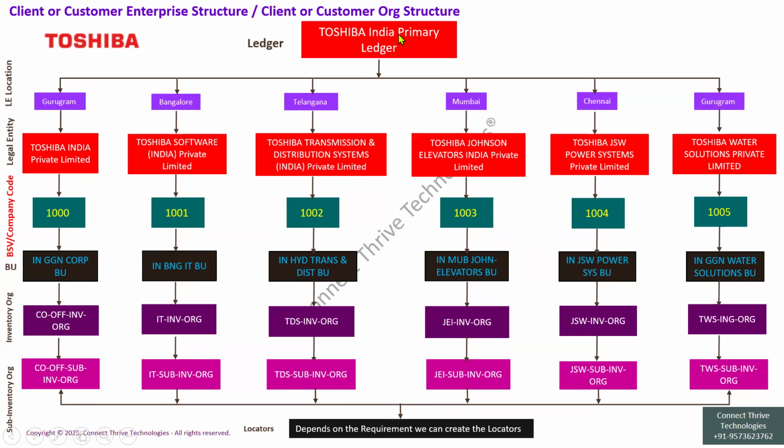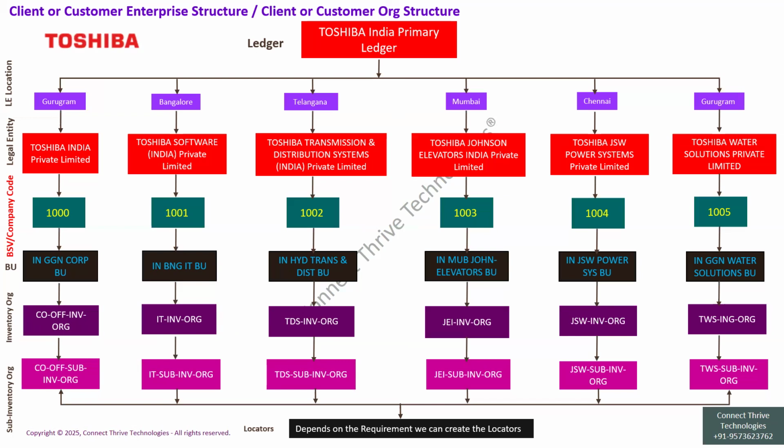So we have one unified primary ledger under multiple legal entities, multiple company codes, multiple business units, multiple inventories, multiple sub inventories. Depending on the requirement, we will create this locator information. Okay, this is all about the Toshiba example. So here we have one primary ledger, multiple legal entities, multiple BUs, multiple inventory, sub inventory. I hope it's very clear for this kind of business related example.